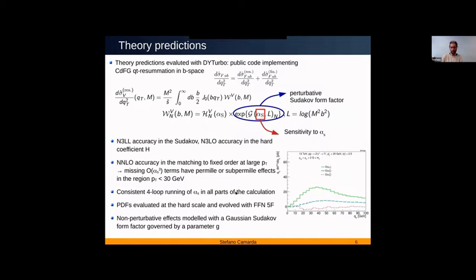Actually, this alpha S running at four loops is done also in the PDF evolution, where PDFs are evaluated at a large scale and evolved with a fixed flavor number scheme with 5 flavors. Finally, what I've used for the non-perturbative effects is a relatively simple model, but we will see that it works very well.